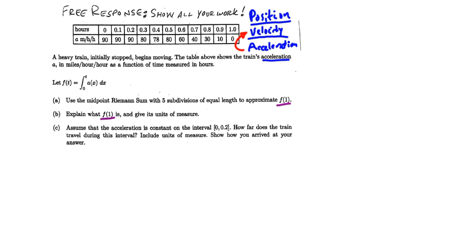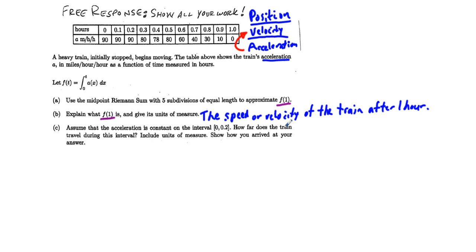So without getting into any numbers, we can already answer part B, and that is the speed or velocity of the train after 1 hour.